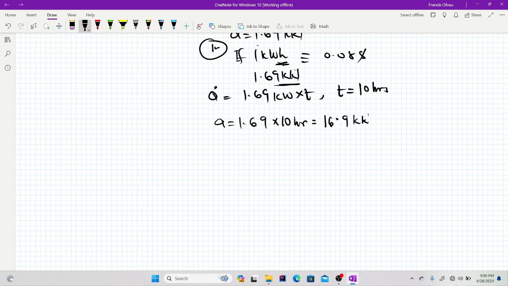That gives us 16.9 kilowatt hours. Now, if 1 kilowatt hour is equivalent to $0.08, 16.9 kilowatt hours will definitely cost more. So let's take 16.9 kilowatt hours times $0.08 per kilowatt hour.